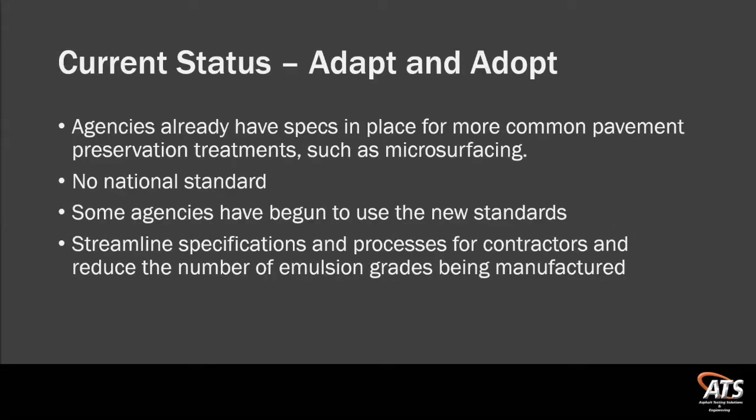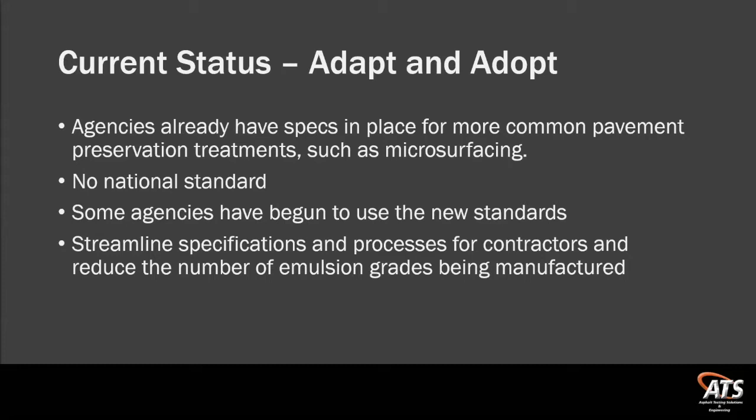So currently, we're looking at agencies that have already adopted some of the specs, and they're in place. A lot of those states are places that they own 100% of their transportation system or their pavement system, where they are responsible for every inch of pavement that goes out in the state.